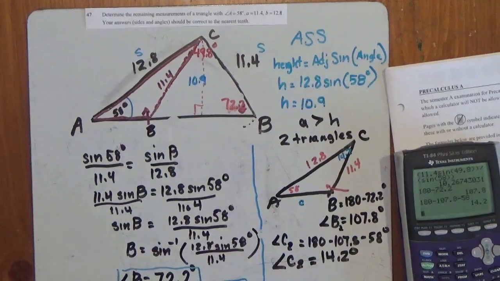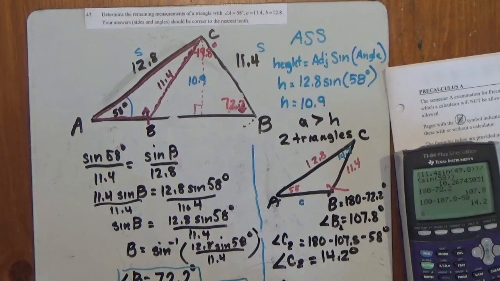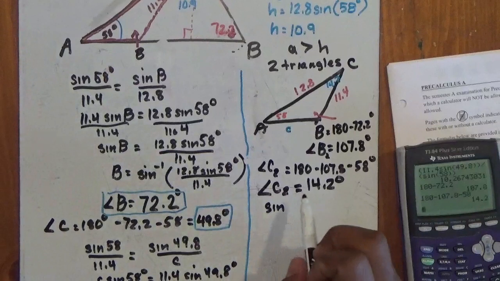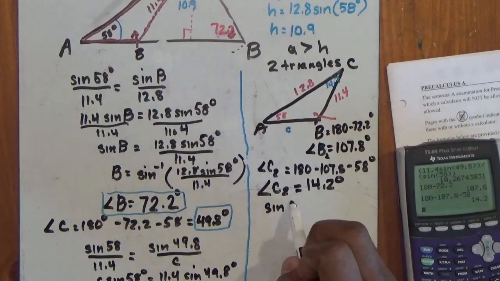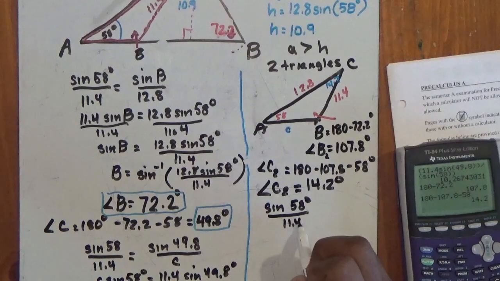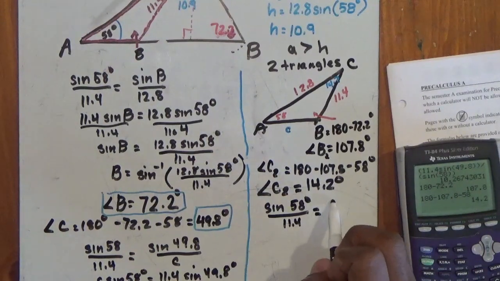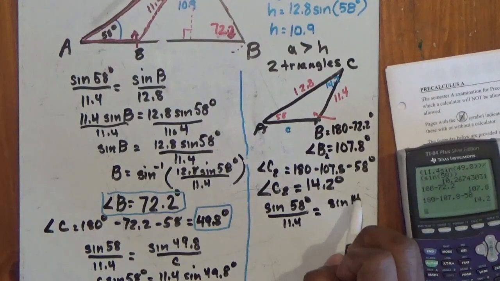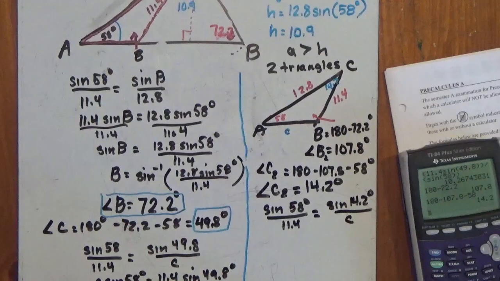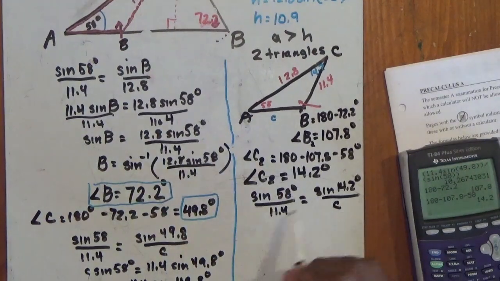Small c. We go back to law of sines, and we can say sine 58 degrees over 11.4 again is equal to sine 14.2 degrees over small c, side C. So we cross multiply again.